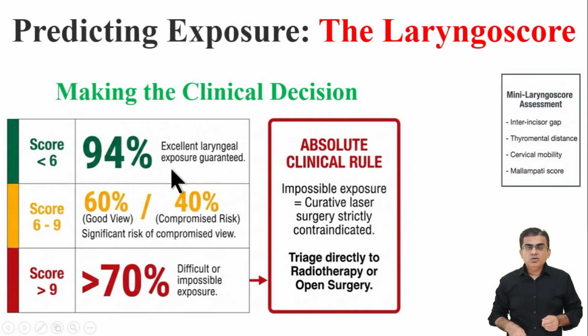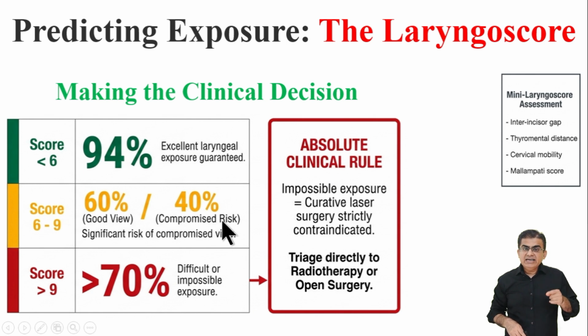But what if the score falls into the middle range, exactly between 6 and 9? In this exact range, you only have a 60% chance of a good surgical view. This means there is a significant 40% risk that your view will be compromised.